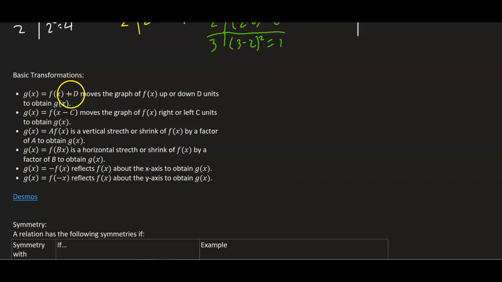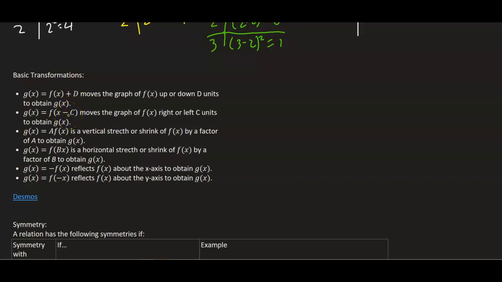If you have something outside, not grouped with your x, and it's added in, that's going to shift your graph up or down this many units. So if you have a regular function f of x, and then you subtract 3, that means you're going to go down 3 units. If you have a plus 4, that means you're going to go up 4 units. All right.